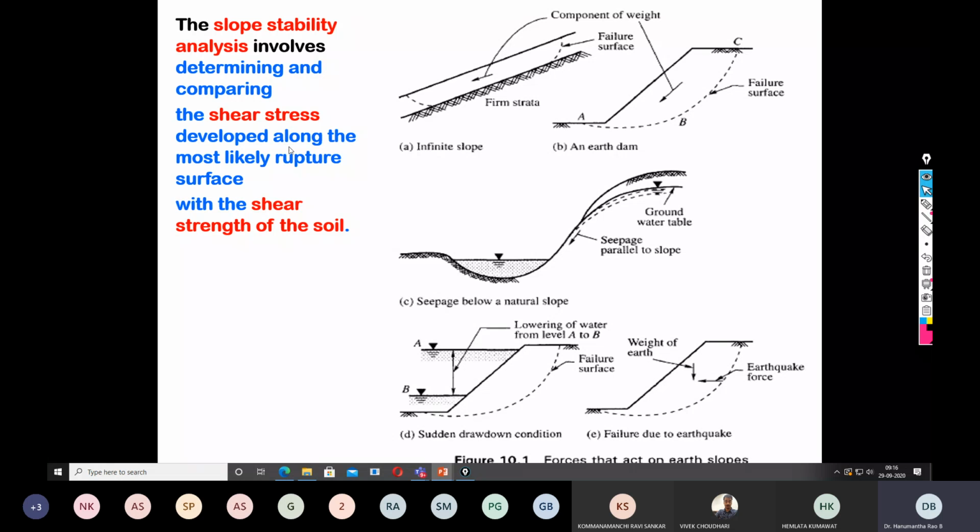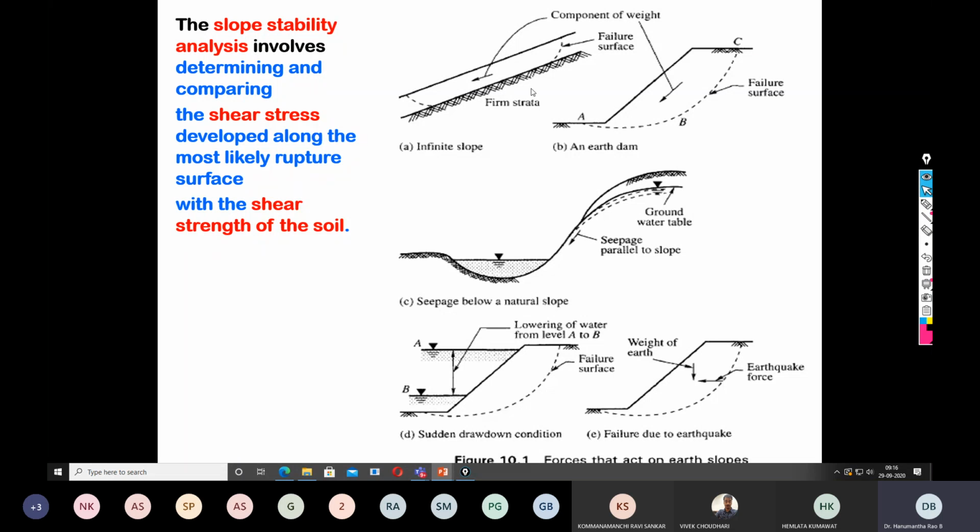It involves shear stress and shear strength of the soil. There are a variety of conditions under which the slope can fail.